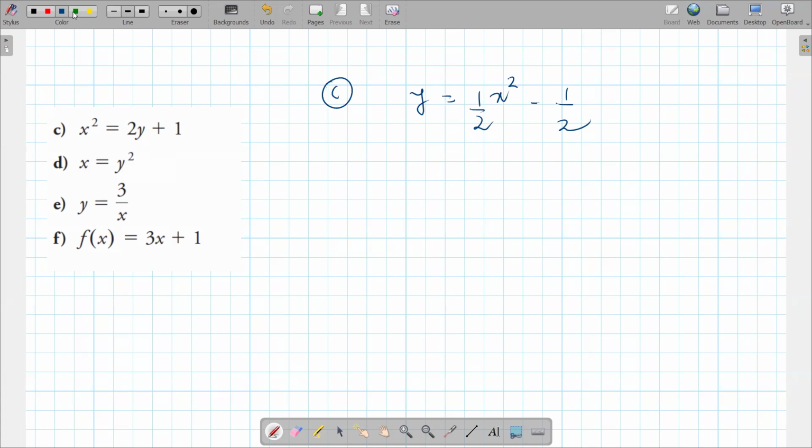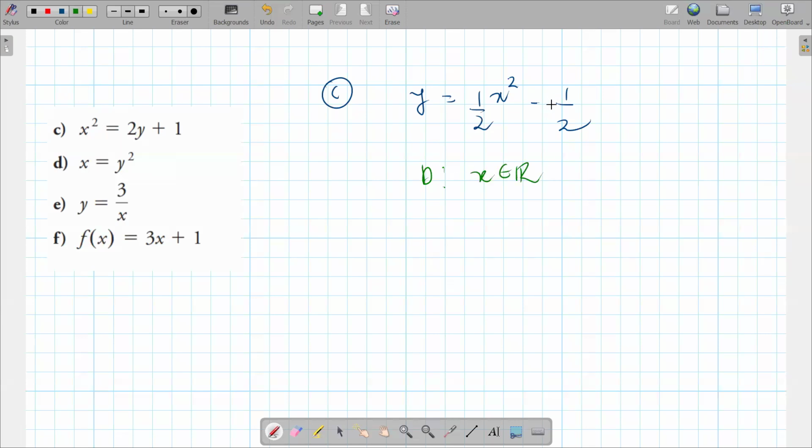Looks good to me. So that's your function, right? x squared over 2 minus y over 2. The question's asking you for the domain and range. It's a polynomial function. What's the domain of a polynomial function? x is an element of R.